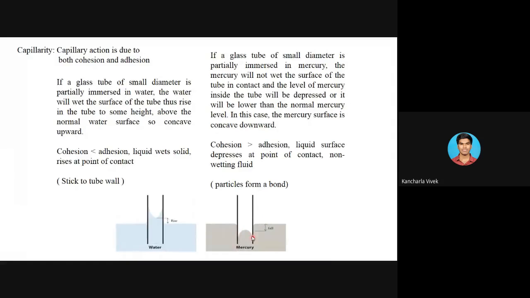So it is concave downwards. What is happening here? Rather than particles getting attracted to the tube wall, the intermolecular particles form a bond. That is, they come close to one another and pull the desired molecule.